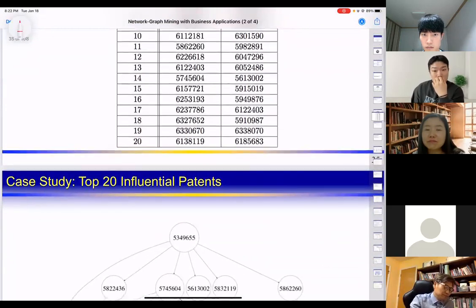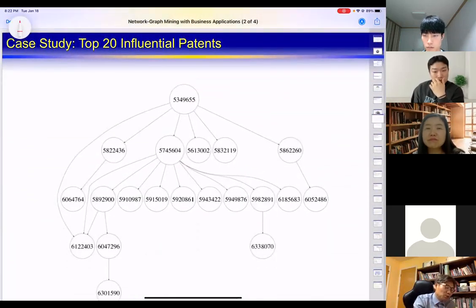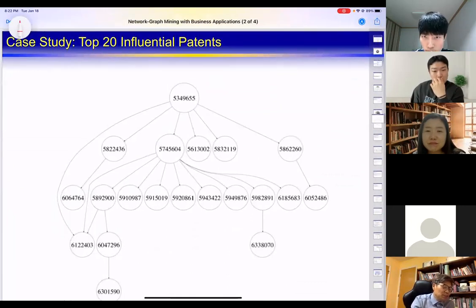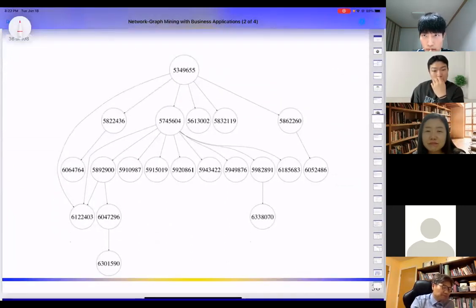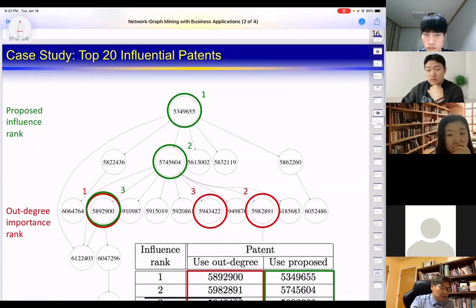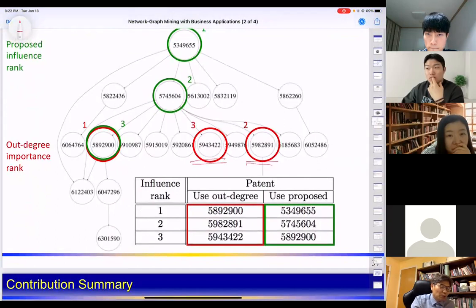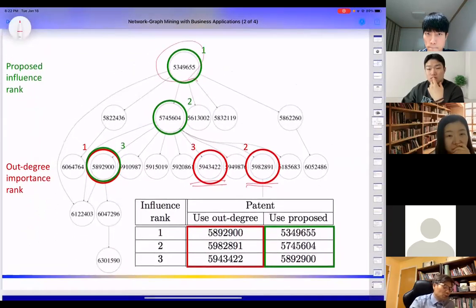For example, our method shows the top 20 influential patents, with this patent as number 1. But others say these two are the most important ones, while ours says this is the most important one.